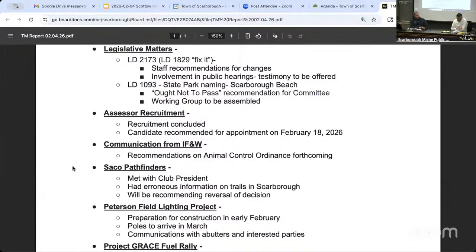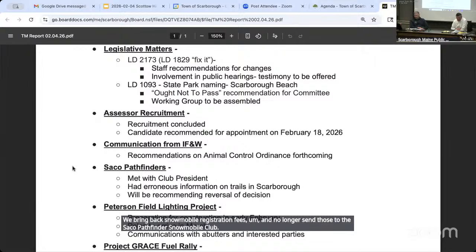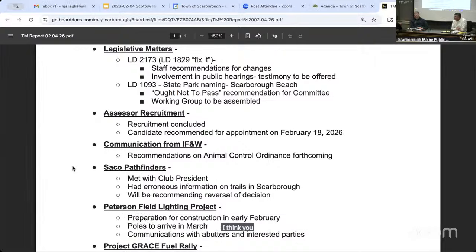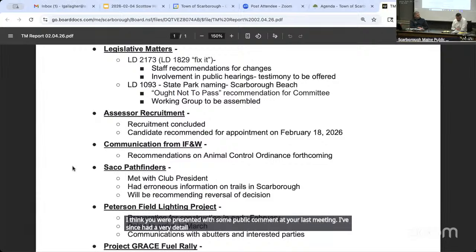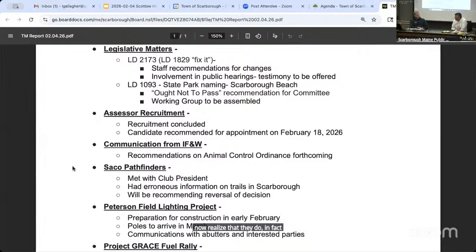Also want to admit fault. I brought to you last month a suggestion that we bring back snowmobile registration fees and no longer send those to the Saco Pathfinder Snowmobile Club. I think you were presented with some public comment at your last meeting. I've since had a very detailed meeting with the club president, and now realize that they do in fact continue to maintain trails, including bridges in this town.